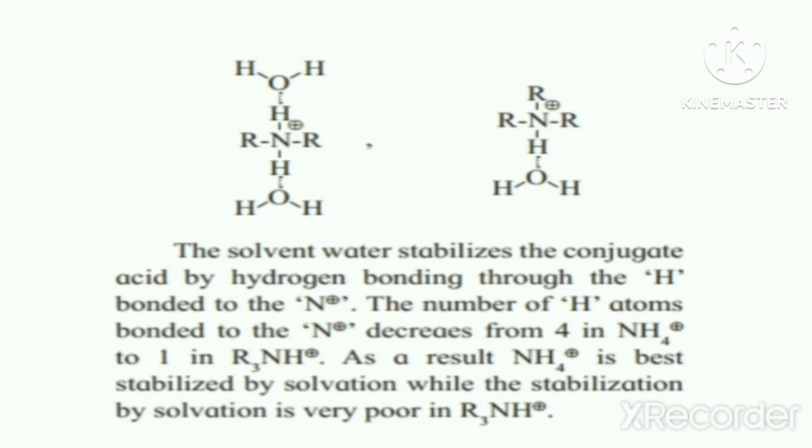The number of hydrogen atoms bonded to nitrogen decreases from four in NH4+ to one in the tertiary amine. As a result, the ammonium ion is best stabilized by solvation, while stabilization by solvation is very poor in tertiary amine.